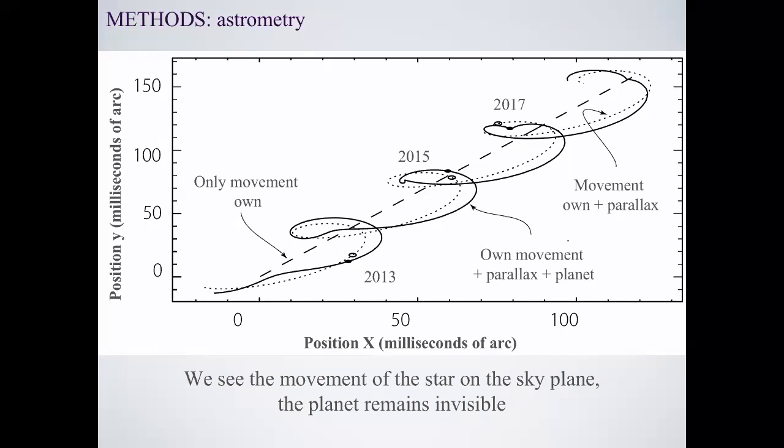These movements are very tiny because they are proportional to the mass of the planet, but a satellite launched almost 10 years ago by the European Space Agency, Gaia, is eventually going to deliver a catalog of, we expect, several thousand planets that are going to be very complementary to other techniques.